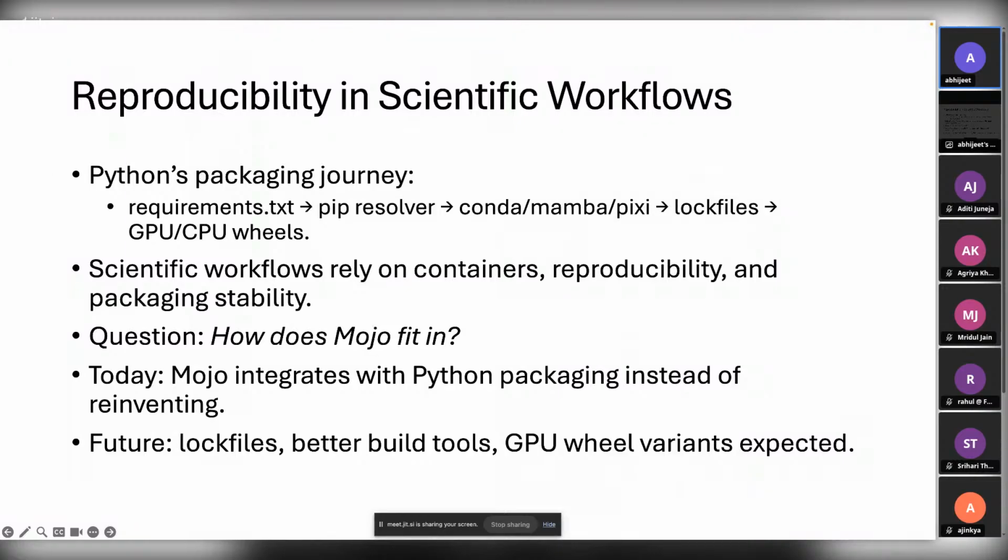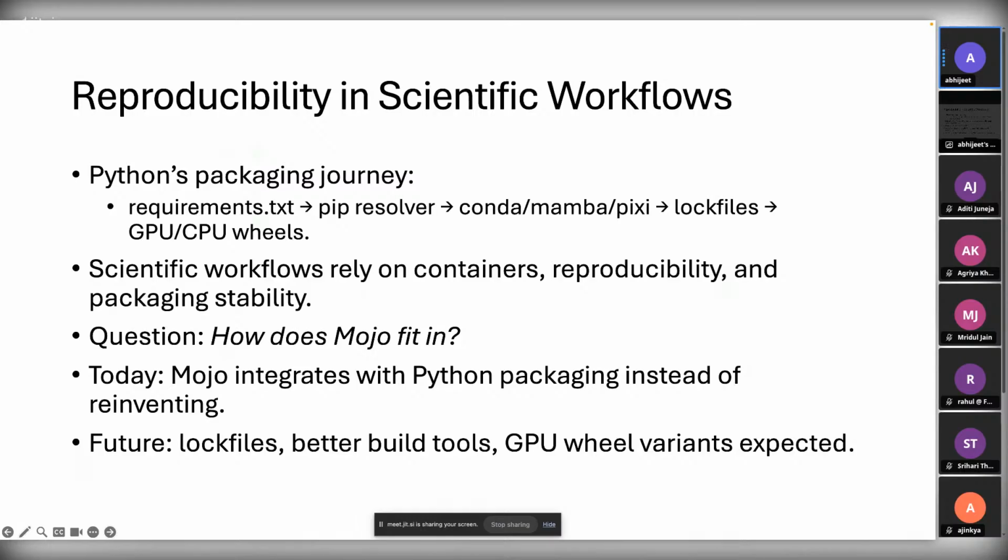Okay, so performance is only part of the story. For AI and scientific computing, reproducibility is critical. Python's ecosystem has spent decades improving packaging, from fragile requirements.txt to pip's resolver, conda, mamba, PEP 517 build isolation, and lock files like the pylock.toml file.